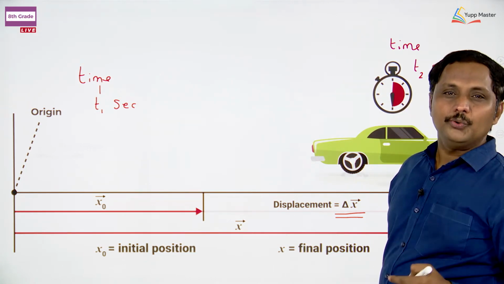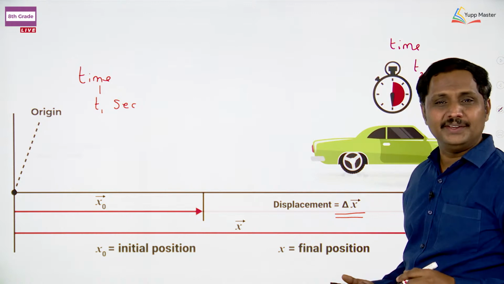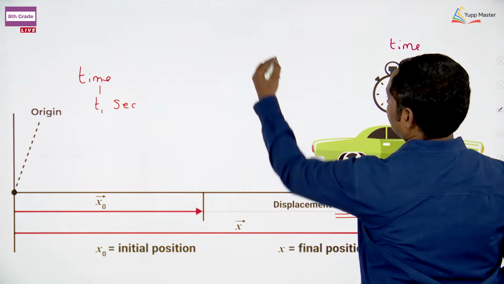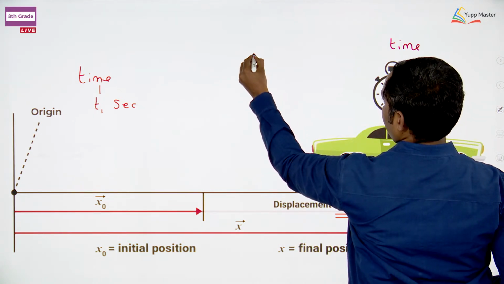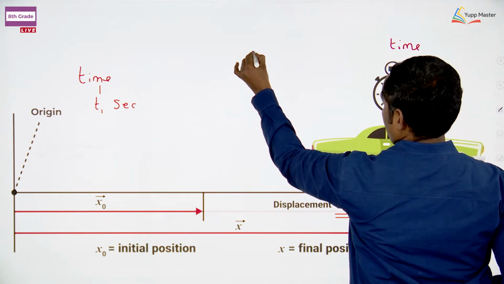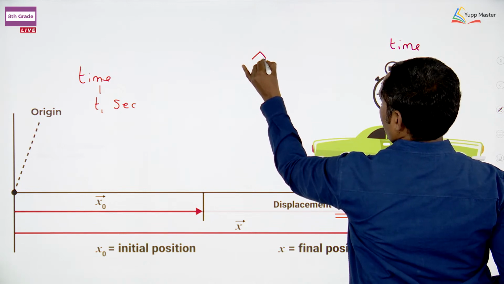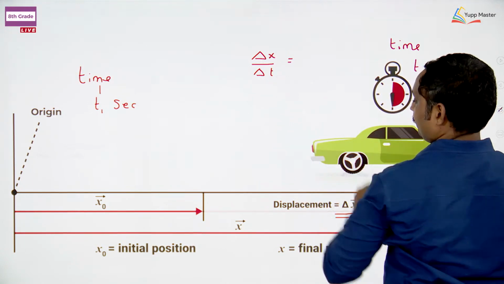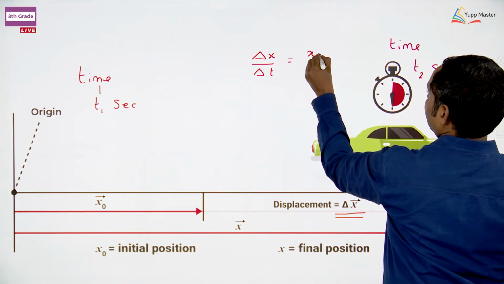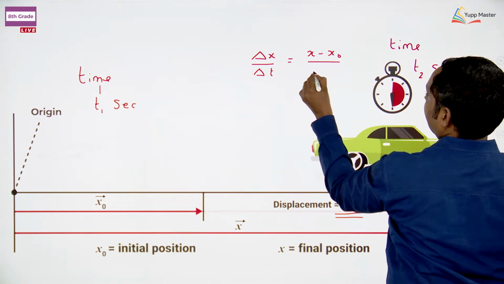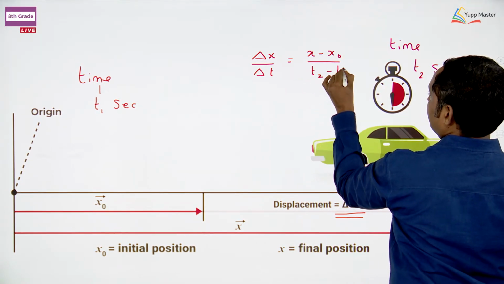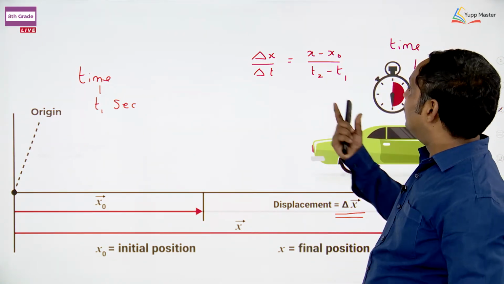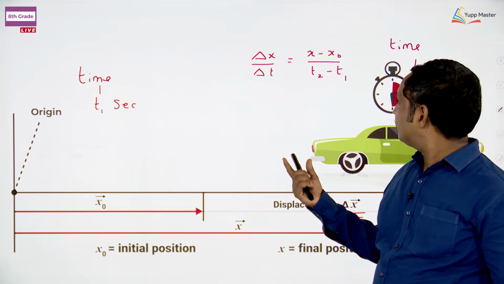Now you are going to measure the displacement and velocity. You can take delta x by delta t, that gives x minus x naught by t2 minus t1. So it is the measurement of one physical quantity that gives the velocity.